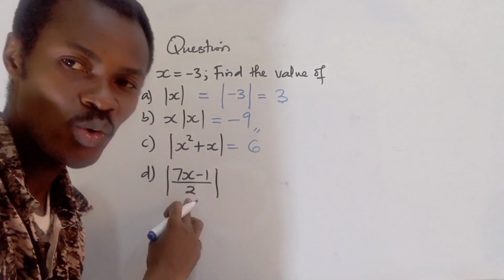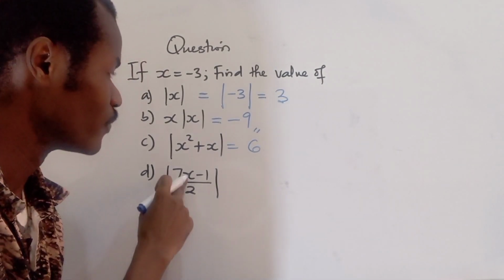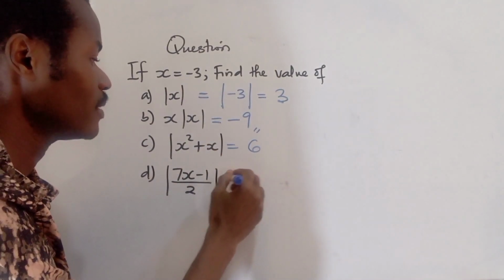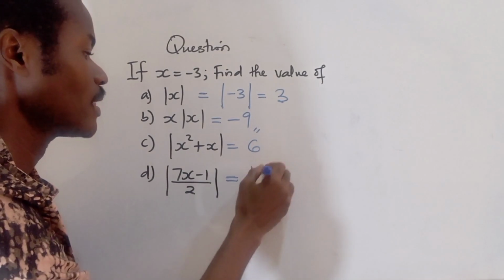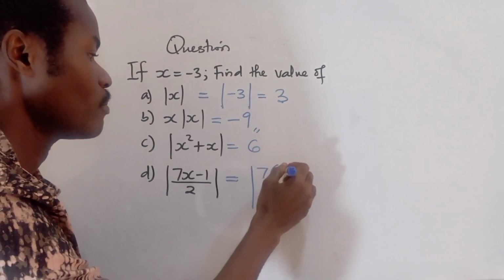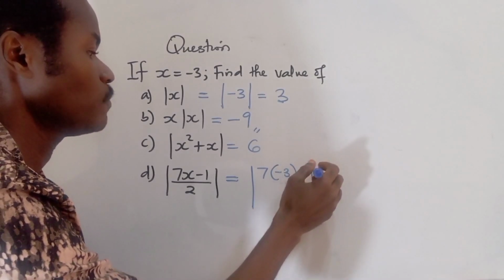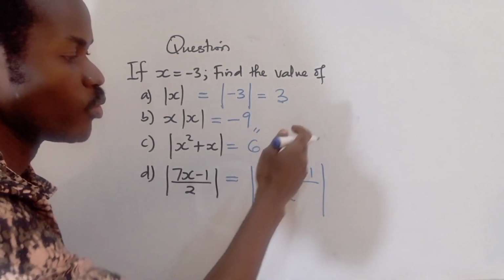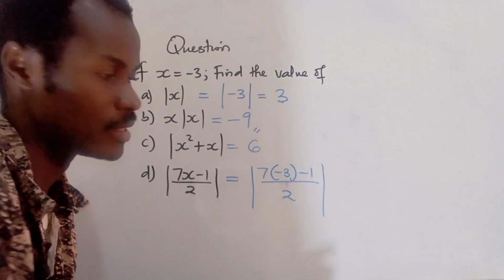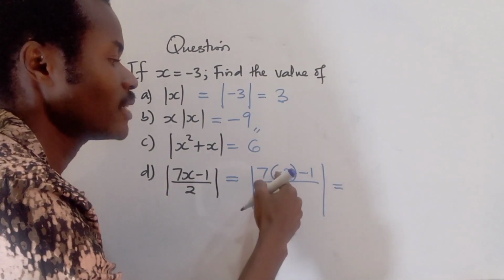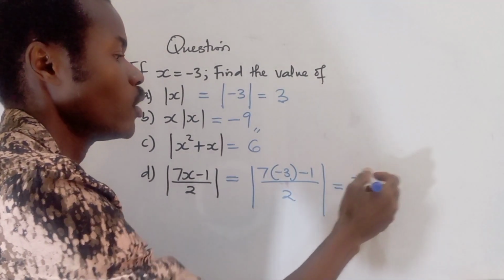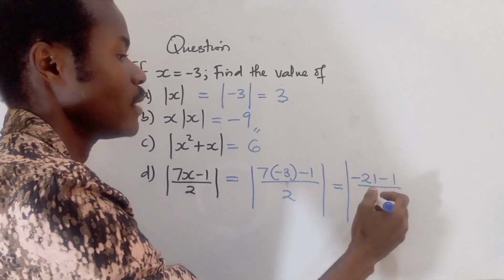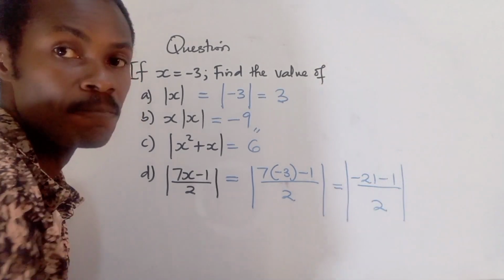Now for the last one, we are simply going to substitute the value of x as minus 3 into this modulus. We are going to have 7 multiplied by minus 3 minus 1, divided by 2. Remember, when you're solving, you should always put your modulus signs. So 7 times minus 3 is minus 21, minus 1, divided by 2.